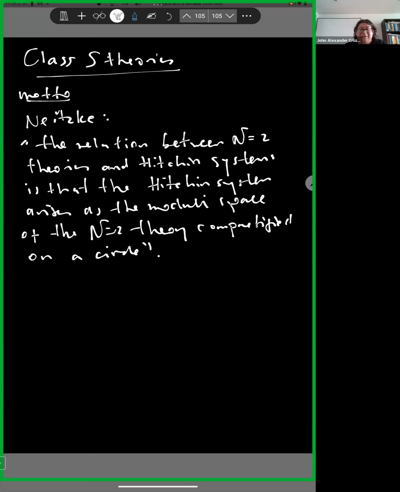And this is very interesting because, if you remember what we did last time, when we constructed the mirror for the Coulomb branch X, remember that the Coulomb branch was related with a three-dimensional theory, not with a four-dimensional theory.